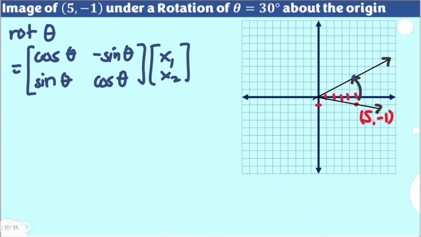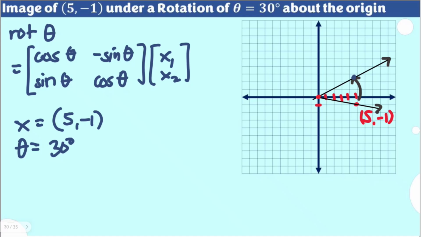Our x here has components 5 and -1, and our theta is 30 degrees about the origin. Take note, we're rotating the point about the origin. In short, all the angles are central angles if we're talking about the unit circle.